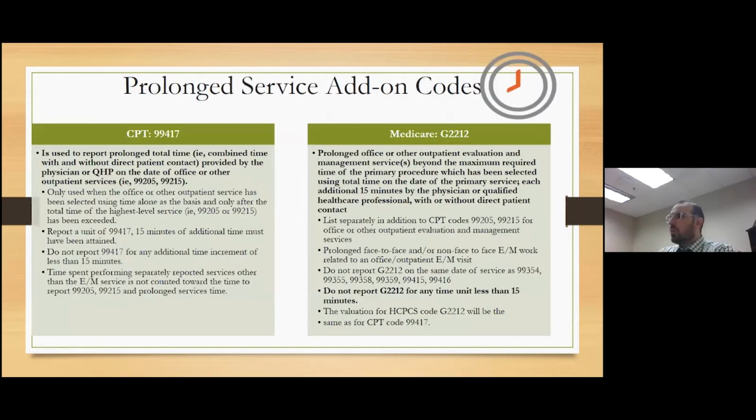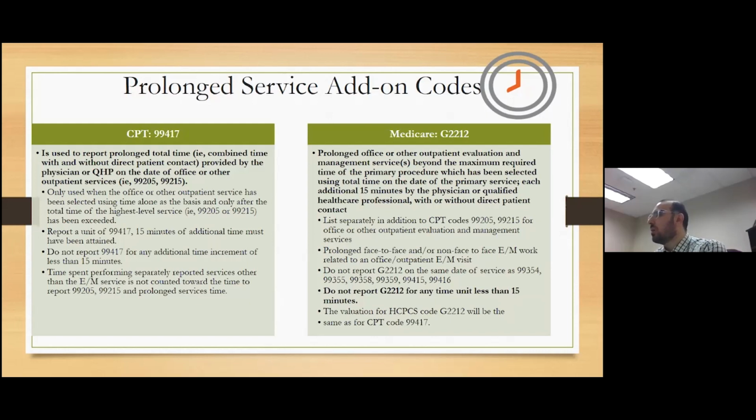And this is the difference between the prolonged service and the add-on service. If you're adding the 99417, or if you're Medicare patients and using a prolonged visit, you do not report the G code for anything less than 15 minutes, and try not to mix between both.